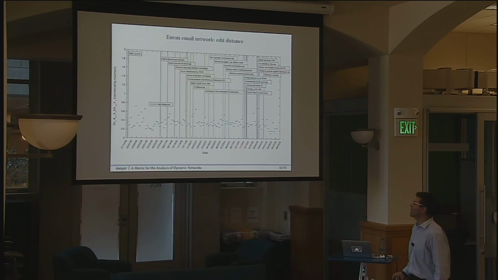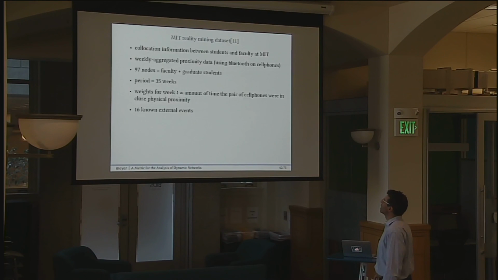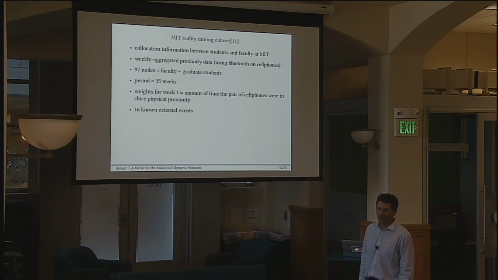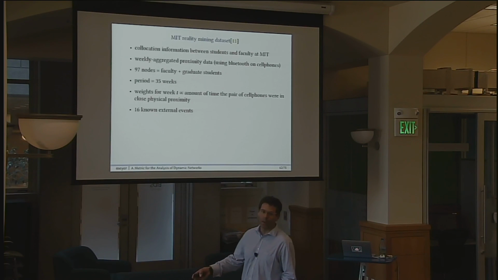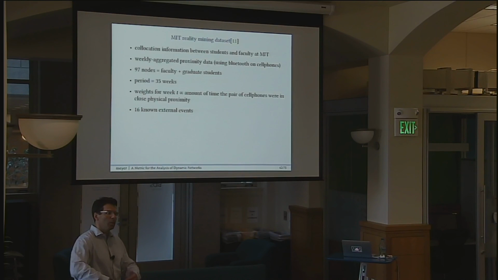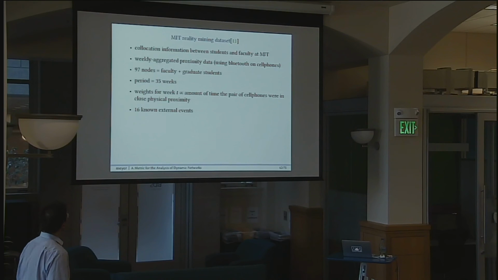The second data set, the real-world data set, is this MIT data set where faculty and grad students had cell phones, and throughout one semester, as their cell phones came close to one another, the Bluetooth started talking to one another. You can register that, and say, oh, the grad student went to my office hours. She or he cares about my beautiful graduate class.